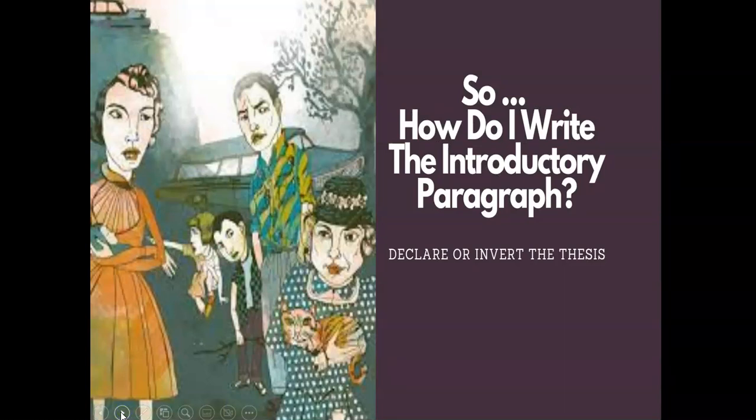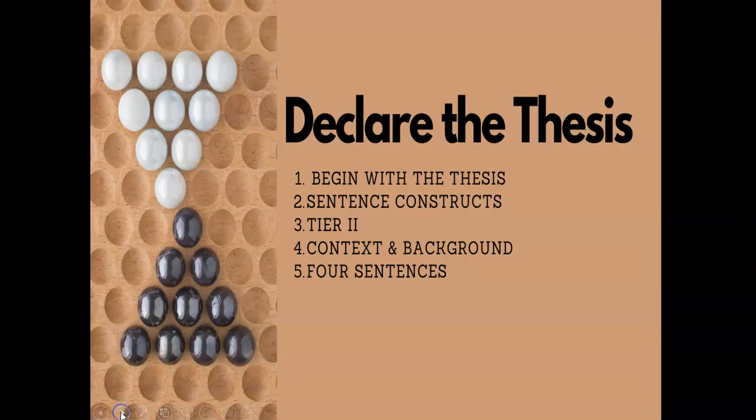The very first question we have to ask ourselves is this: how do I write the introductory paragraph? As always, we can declare or invert the thesis. But here's the kicker. We know from past precedent that when we perform literary analysis, it's always best to invert the thesis. We use the declarative for rhetorical analysis.